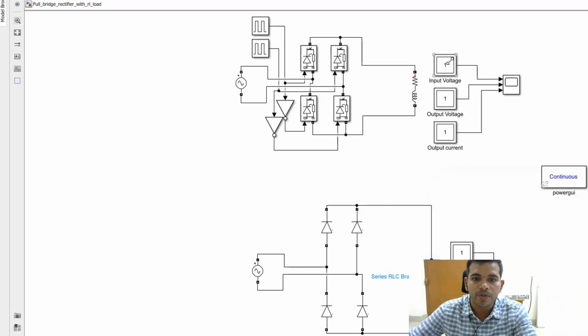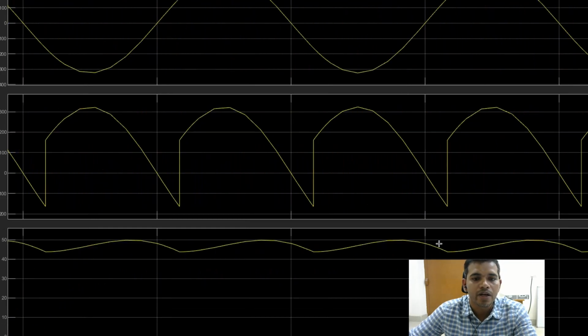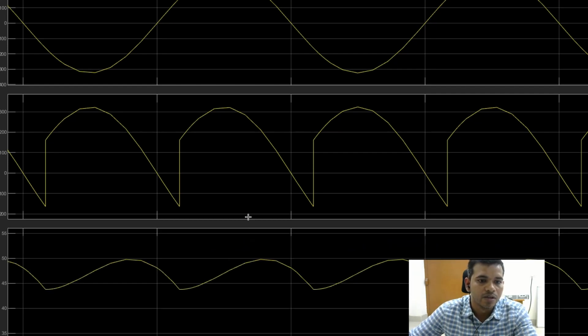Here a diode is present, and this one is a thyristor. This has a very high inductance value. This is the output voltage. It goes negative, and the output current will be continuous. The current is maximum before pi.